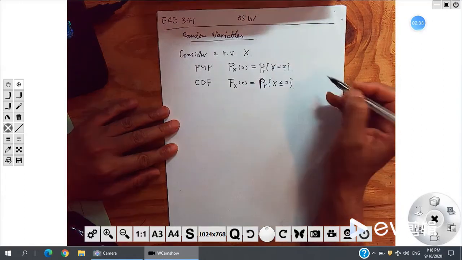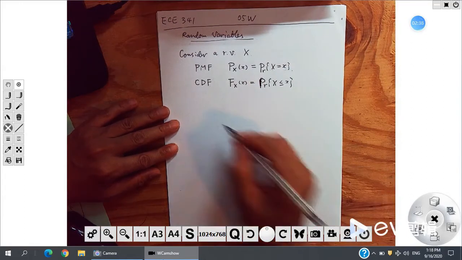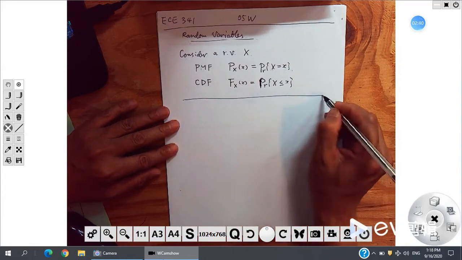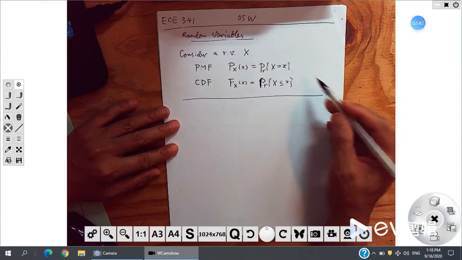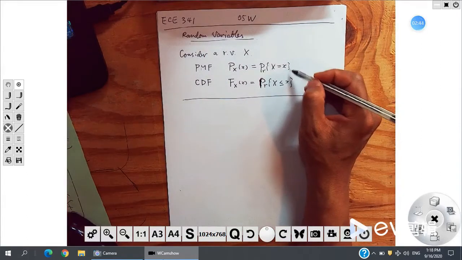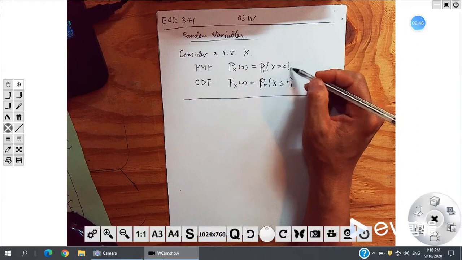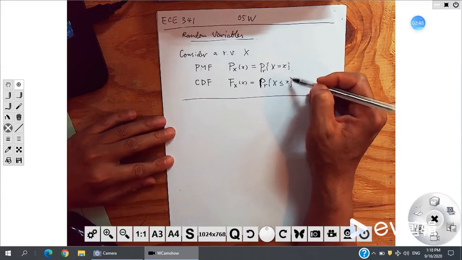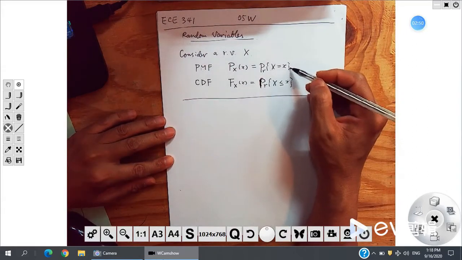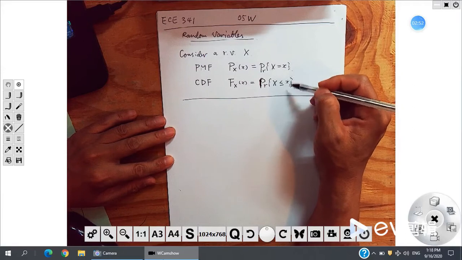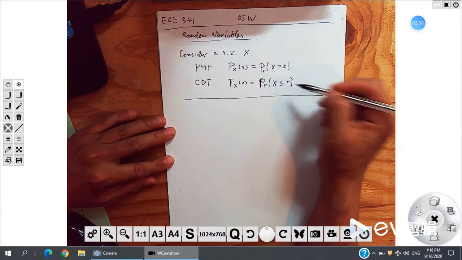So we have two functions. Now we study some examples, focusing on the relation between these two functions, and we will also consider how to calculate probability based on these two functions.